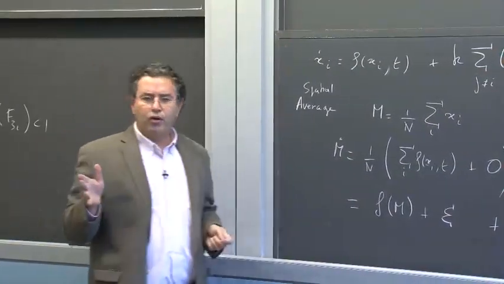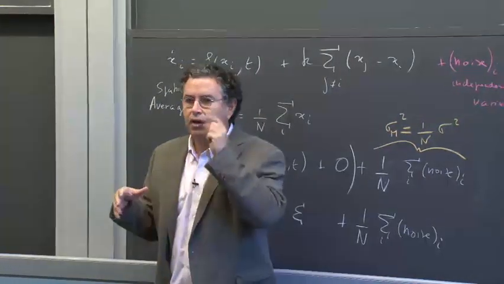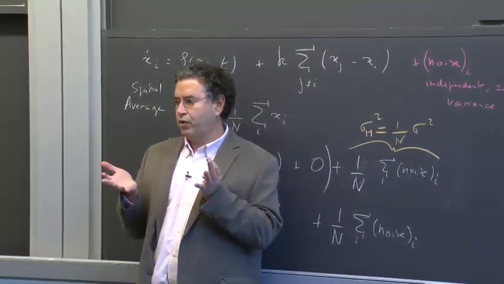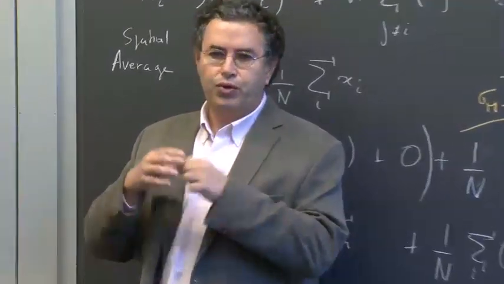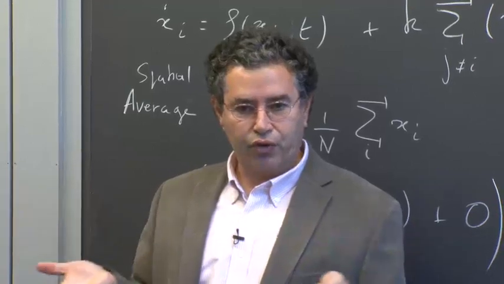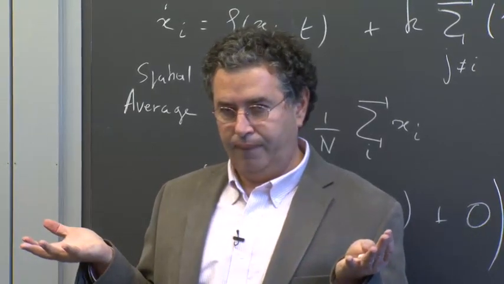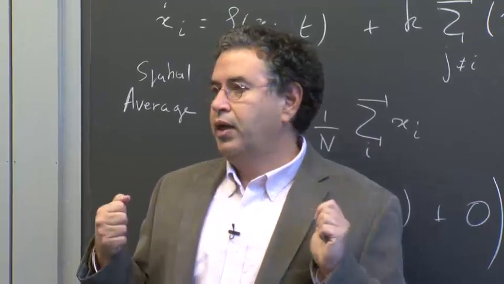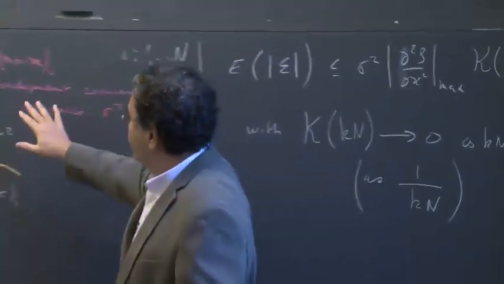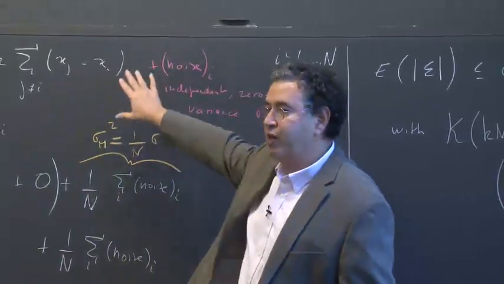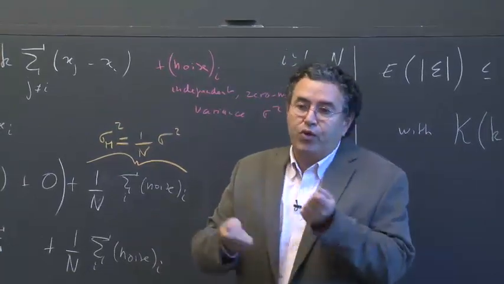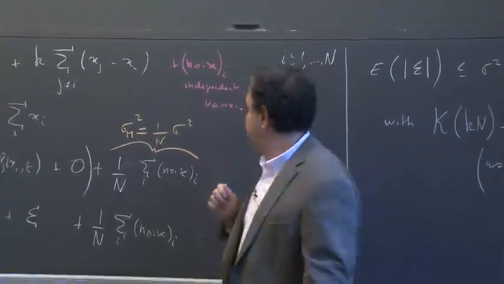So remember, when we talked about quorum sensing, we said, well, we have this dynamics, and we compute its Jacobian, and when kn is large enough, they will all synchronize. Now, here, this is saying something else. It's saying, suppose now you add noise to these same systems. Then when kn is large enough, they won't exactly synchronize because of the noise.